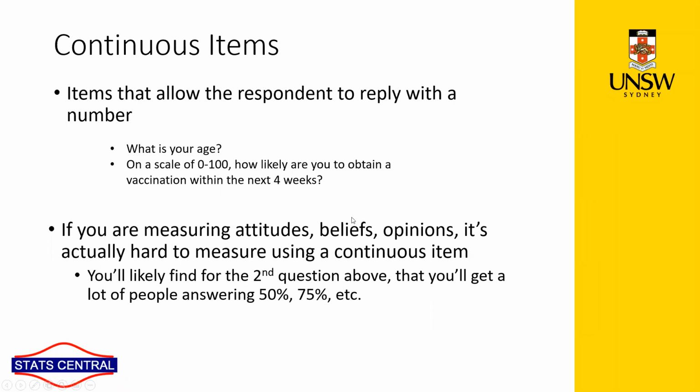And if you were to get continuous responses, it might lead you as the researcher to think that this person is not really considering their response very carefully, which is not a situation you want to be in. So if you do have continuous items, make sure that people are likely to respond to them in a continuous way, or you are hampering yourself quite a bit when you actually go to analyze your data.